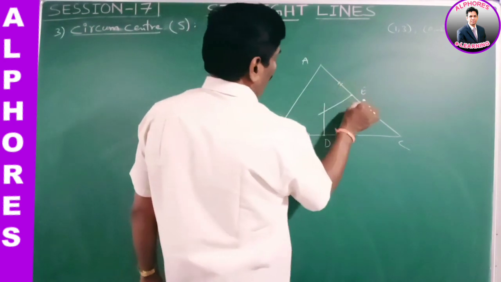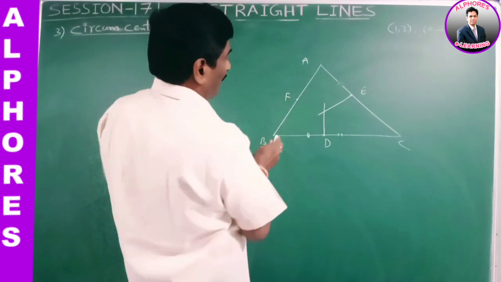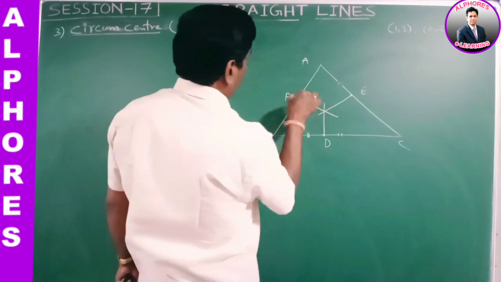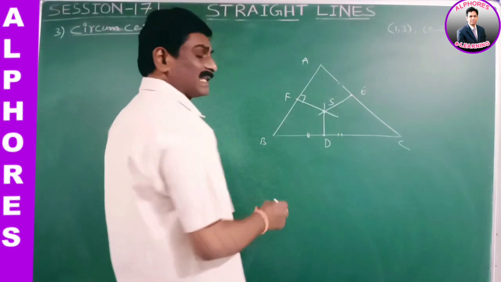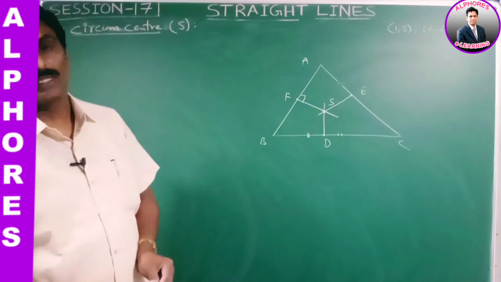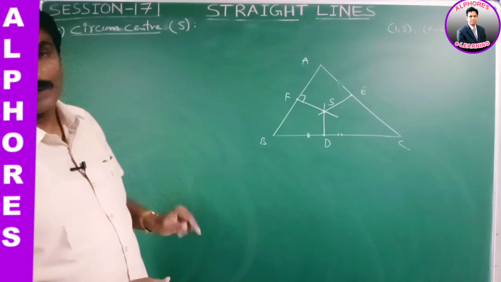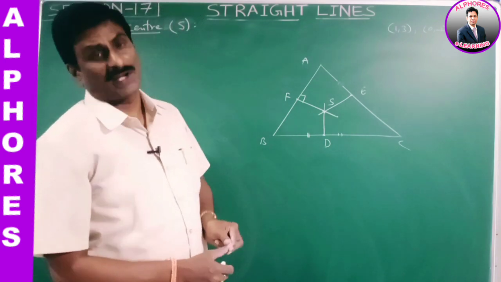At the same time, F be the midpoint of AB, and the line drawn perpendicular to AB through F is said to be the perpendicular bisector of AB. All of these are concurrent. This point of concurrency is said to be the circumcenter. Simply, circumcenter is the point of concurrency of perpendicular bisectors of the sides in a triangle.